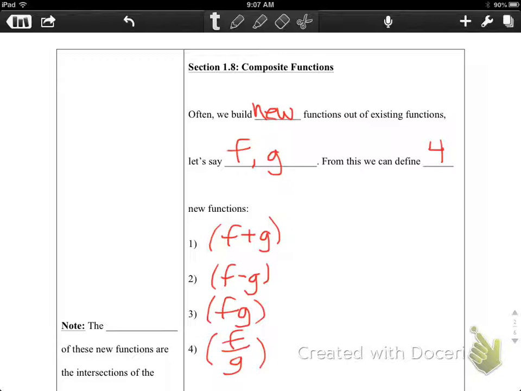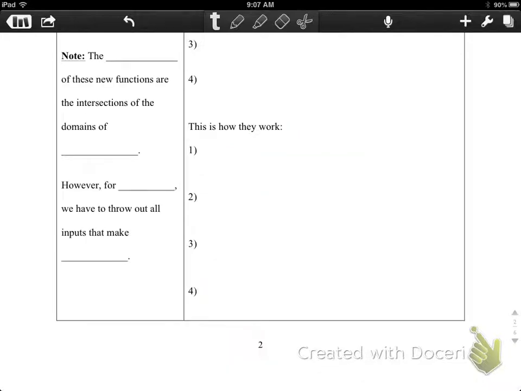I wrote them below: f plus g, f minus g, f times g, and f divided by g. Note the domains of these new functions are the intersections of the domains of f and g.